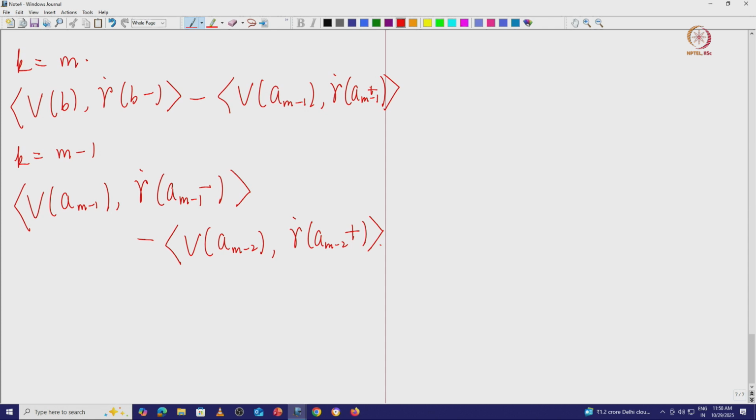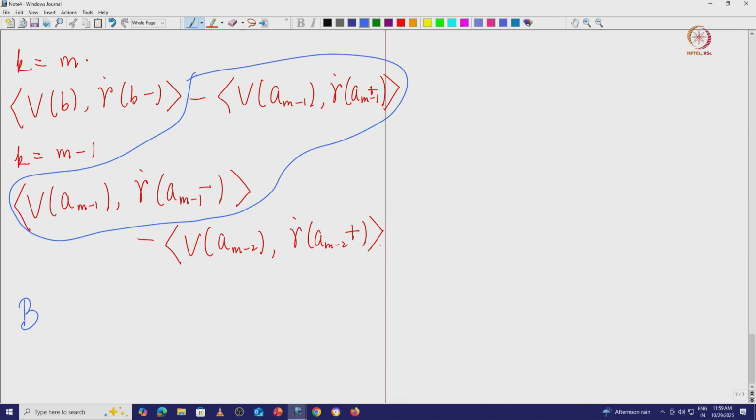Alright, so the point is that if you combine these two terms, the blue terms can be written in a concise fashion as simply this, with the jump in the velocity vector at ak but with a minus sign.